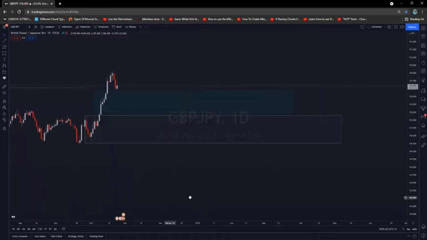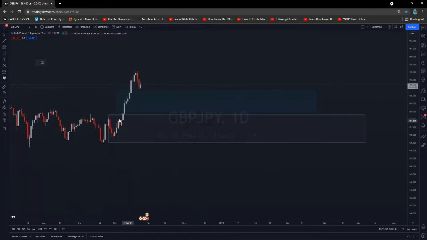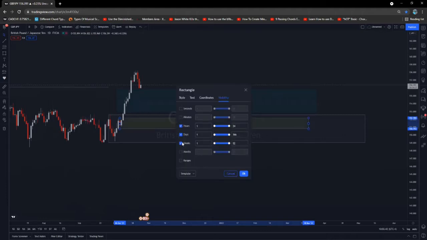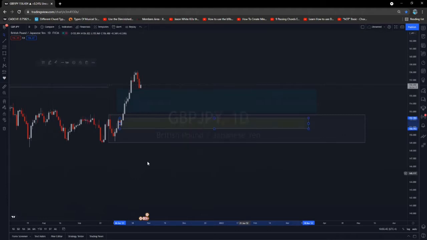So two areas could be tested. This area over here, which is a high probability area, or this area over here, which is a low probability area.